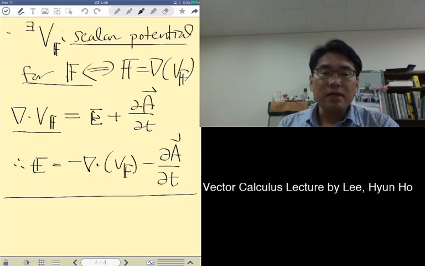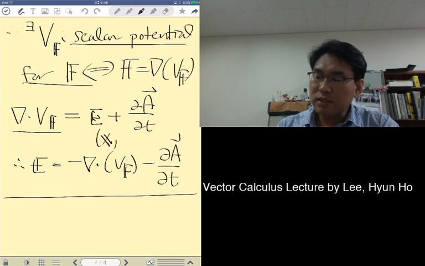Then the right-hand side, by definition, is the induced electric field plus the time-varying electric field, in this case with x comma t.